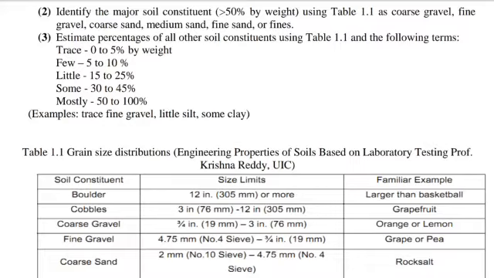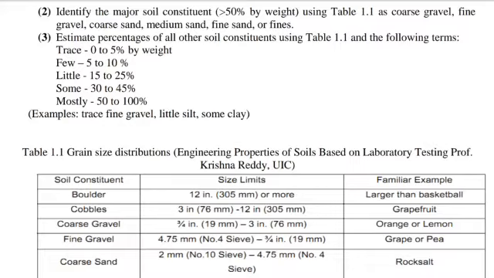Estimate percentages of all other soil constituents using Table 1.1 and the following terms: trace 0 to 5% by weight, few 5 to 10%, little 15 to 25%, some 30 to 45%, mostly 50 to 100%. Examples: trace fine gravel, little silt, some clay.